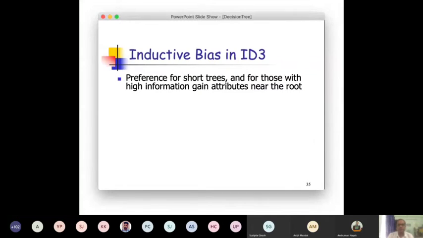And so what is the inductive bias in ID3? As you can see, our preference is for short trees, and we are assuming, that's also a kind of assumption, that high information gain attributes are nearer to the root, closer to the root, and they will give you a shorter size of the tree.